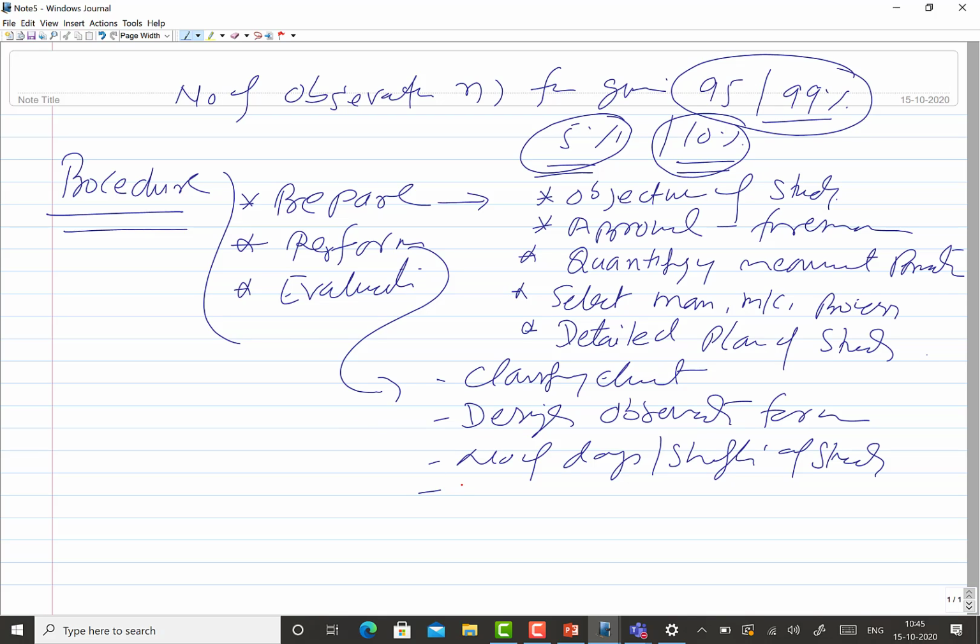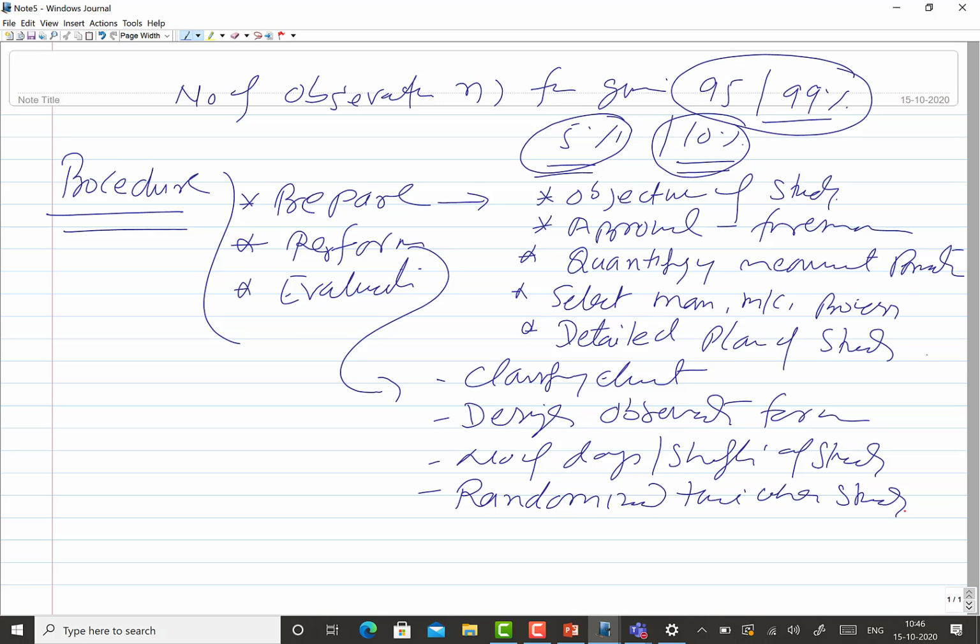Then another important thing related to this: what are those randomized times when the study will be conducted? Say the first observation is done at 7:10 in the morning, like a 7 to 4 shift, or 8 to or 9 to 5 shifts, depending upon the case. So 9:10 is the first time. Then what is the next time of the study?